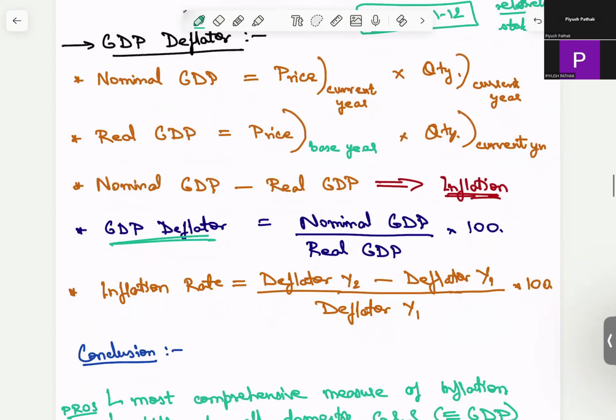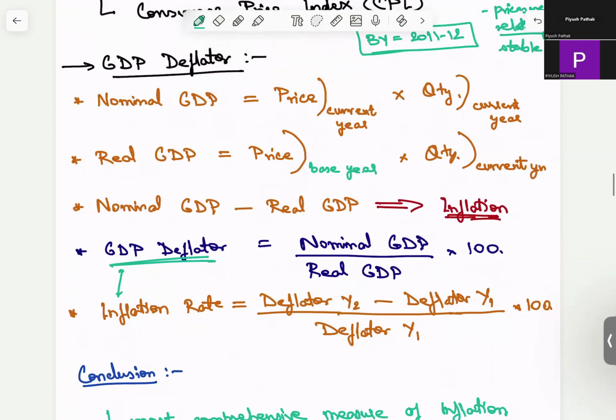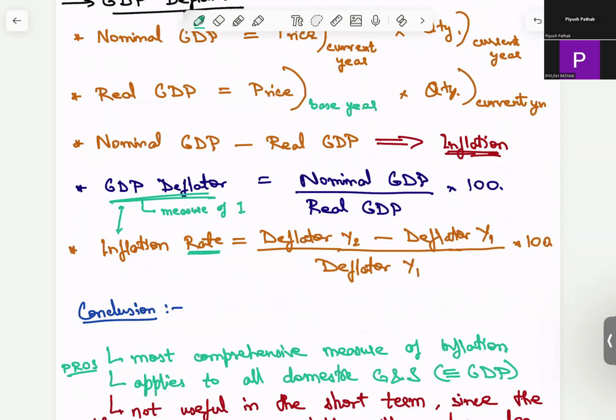Again, inflation rate. Please don't get confused between these two things. This is actually the measure of inflation, and this is the measure of change of inflation. Let us say this year inflation is at 4%, and last year it was at 5%.